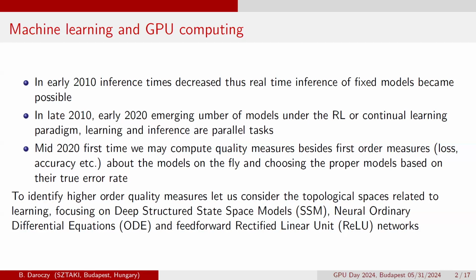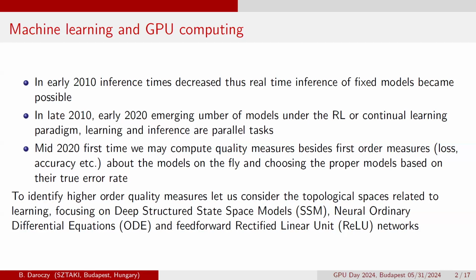That's the goal of my talk: to establish some kind of generalization bounds and try to identify these generalization bounds via measures which are computable on the fly. To do that, we will be focusing on 3 different types.